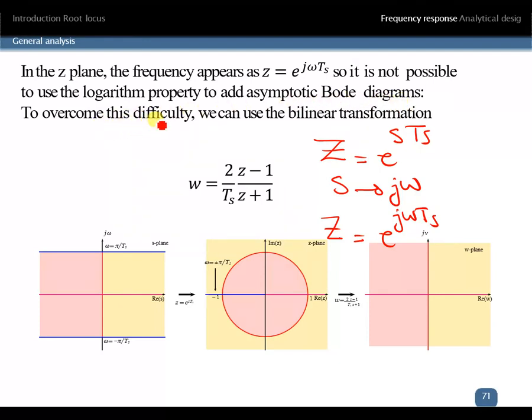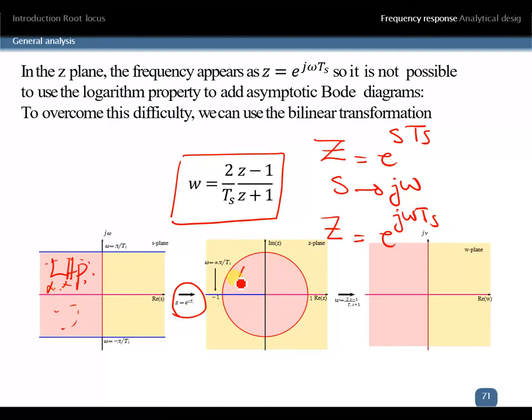To overcome this difficulty, we can use the bilinear transfer function w equal to 2/Ts (z-1)/(z+1). That means if you have an S-plane, by this transfer function they go to the Z-plane. The left half of the plane, all of these points, by this transfer function go inside the circle.